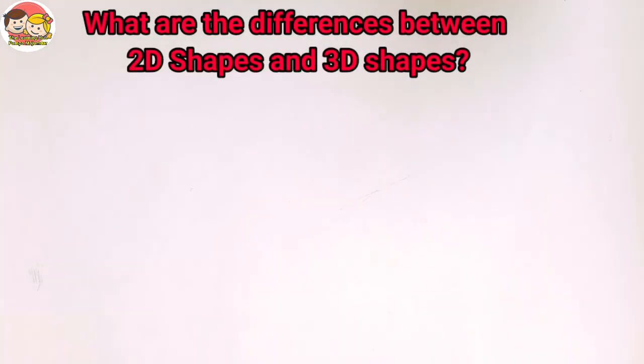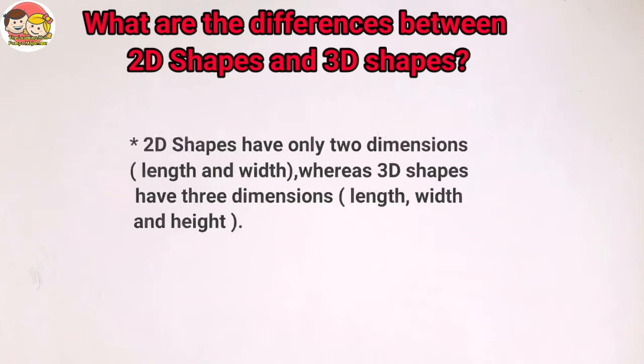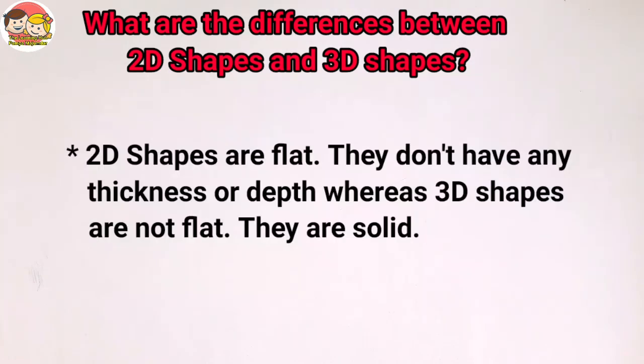So what are the differences between 2D shapes and 3D shapes? 2D shapes have only 2 dimensions, length and width, whereas 3D shapes have 3 dimensions, length, width and height. 2D shapes are flat. They don't have any thickness or depth.